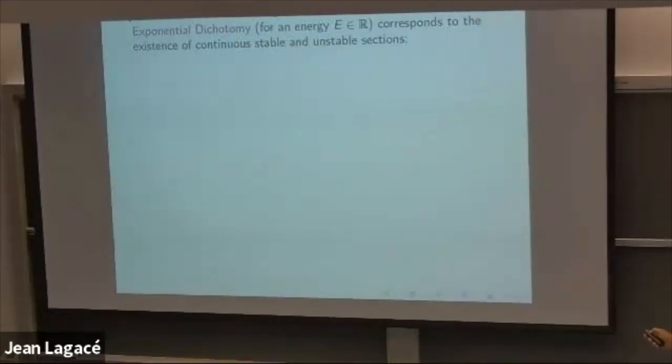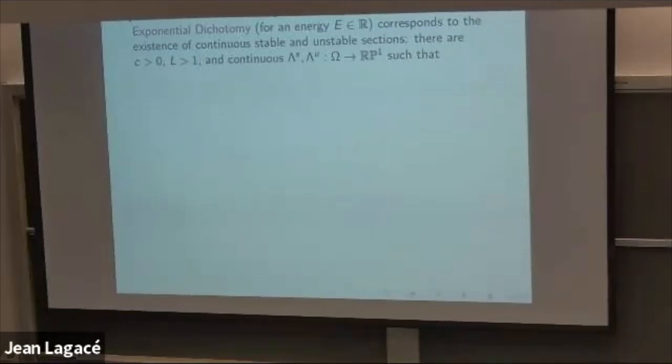So again, you ask for a given energy whether you have something, and the something that you're looking for are again constant C greater than 0, L greater than 1, and continuous maps, stable and unstable, from omega to the projective line. So those are just the lines in R2 through the origin.